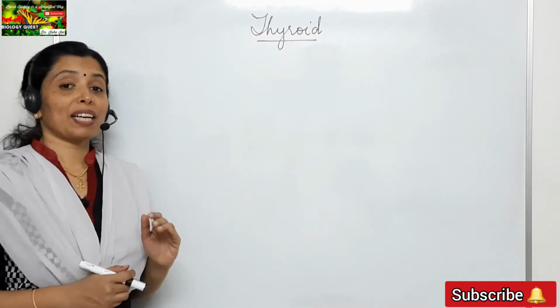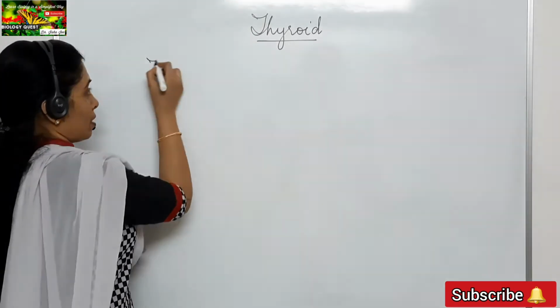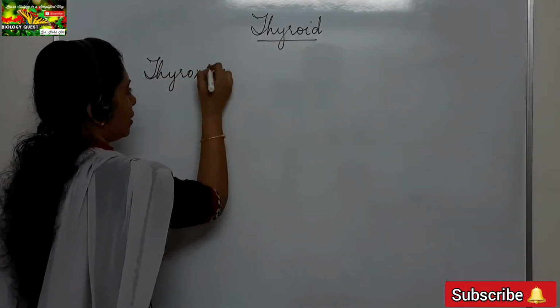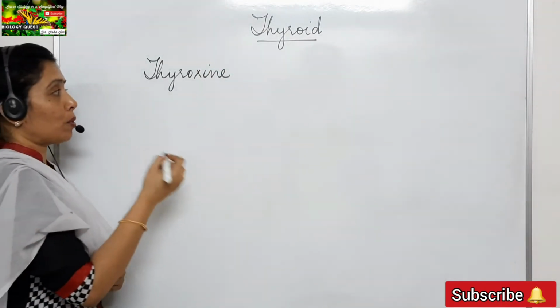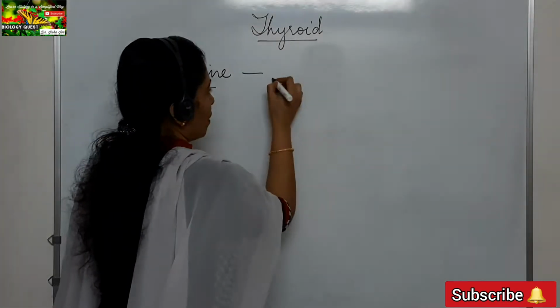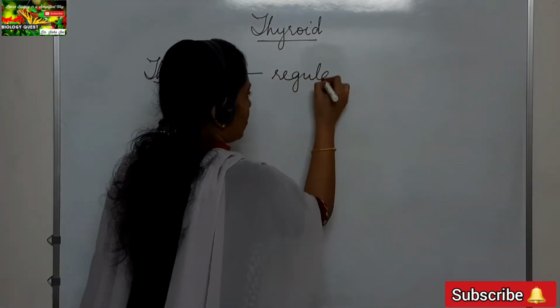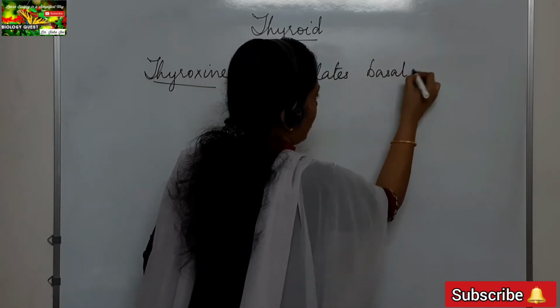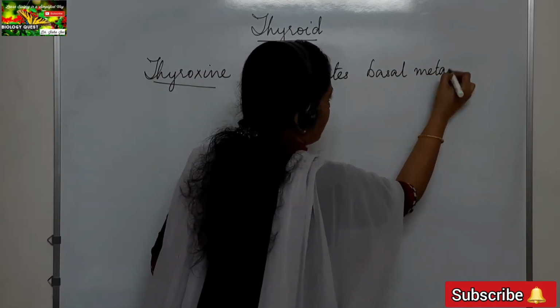Now let us have a look at the function of thyroxine. We know that thyroxine is one of the hormones secreted by the thyroid gland. Thyroxine regulates basal metabolism.